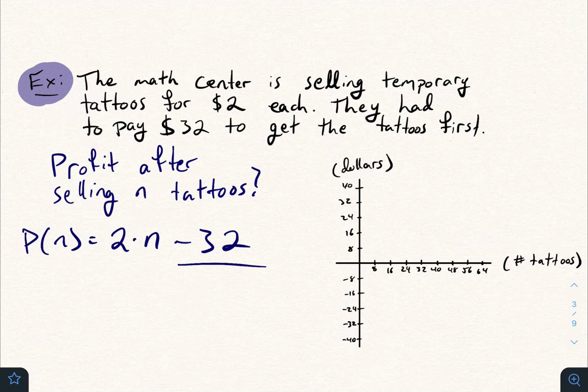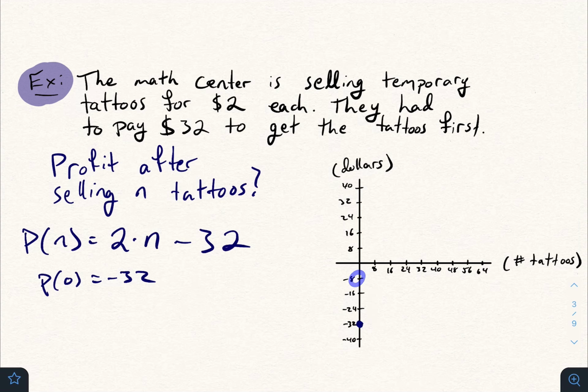If we wanted to graph this, it's usually good to start with your vertical intercept. So p of 0 is equal to negative 32, and so this point right here would be on the graph: 0 comma negative 32. And then the slope is going to be 2. So for every increase of 1 in your input, your output is going to go up by 2.